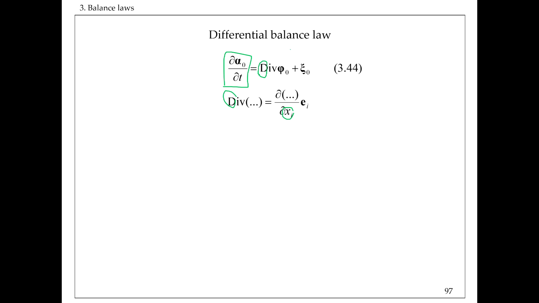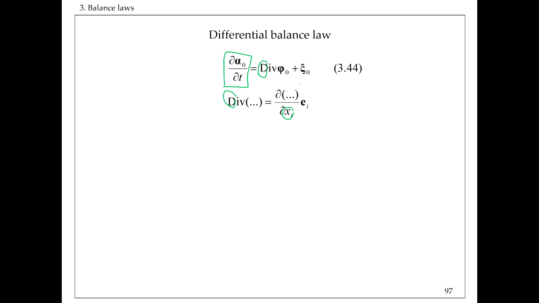Now, let's fill in a similar table of these things. So this is a general form for the balance law in the Lagrangian description, and now we want to write it for the mass, linear momentum, and angular momentum in these configurations. And so for mass, everything will become very straightforward, right?